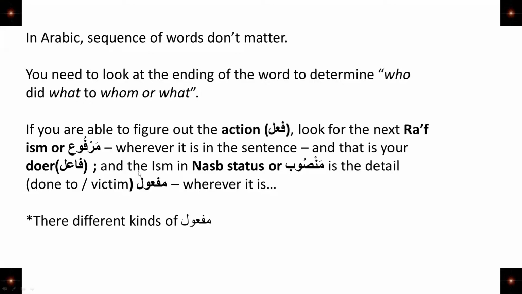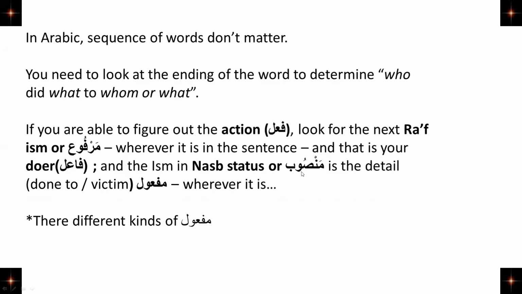Okay? And the ism in nasb status will always be what? Mansub, and that will be the victim or the done-to, and that will be the maf'ul wherever it is. So any ism which is in the nasb status will always be the victim of the action.